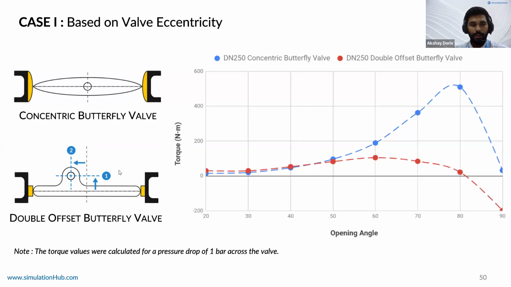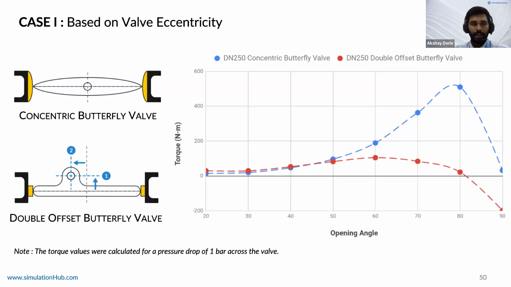In the double offset valve, it reaches a certain maximum value near 60 degrees, 65, 62, 58 degrees of opening, and there will come a point where it becomes zero, but this is not at 90-degree opening, and this is precisely because of the design of the valve.